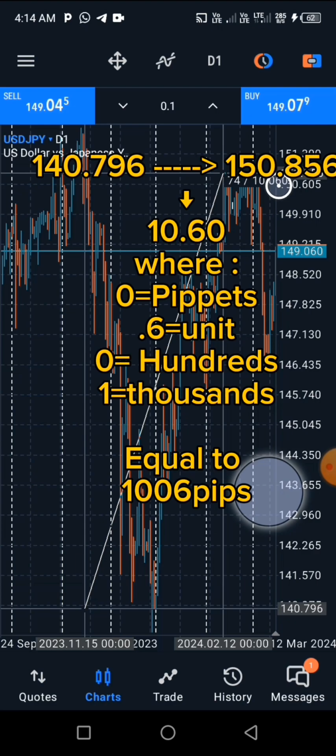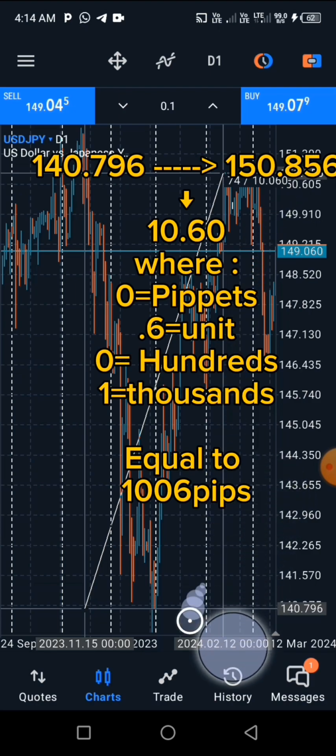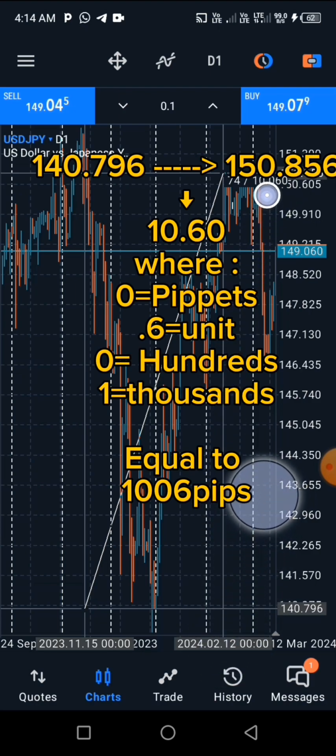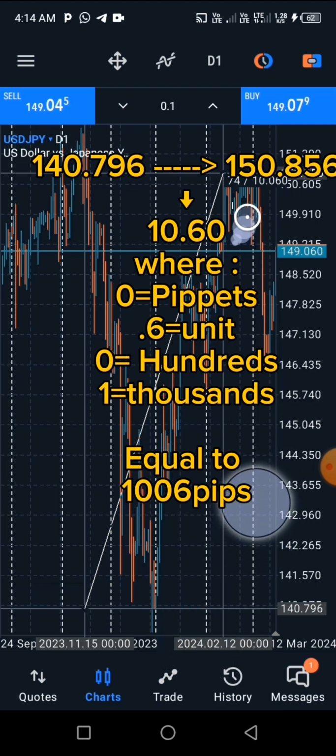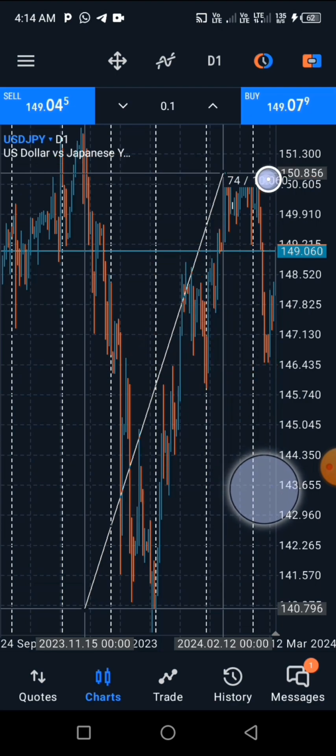That means this one is a unit, a 1. Each of them is the first unit. This one is tens, this one is hundreds, and this one is a thousand. So we can literally say that this price has moved 1,006 pips. From this level up to this level, price has moved 1,006 pips.